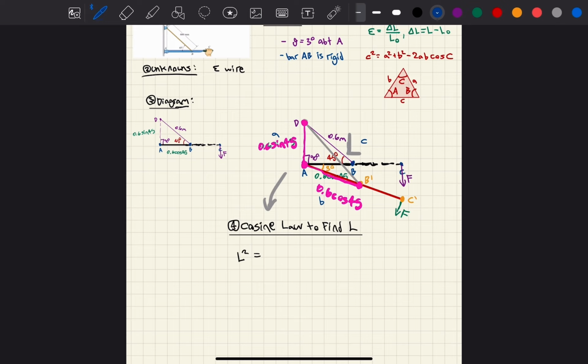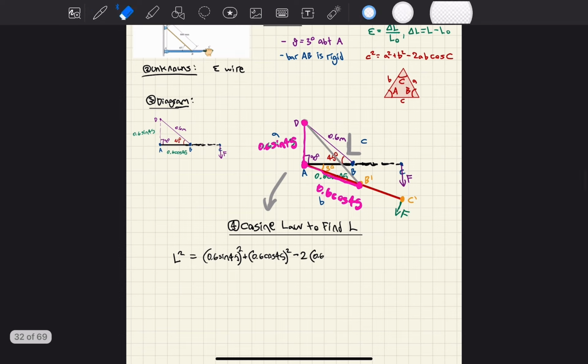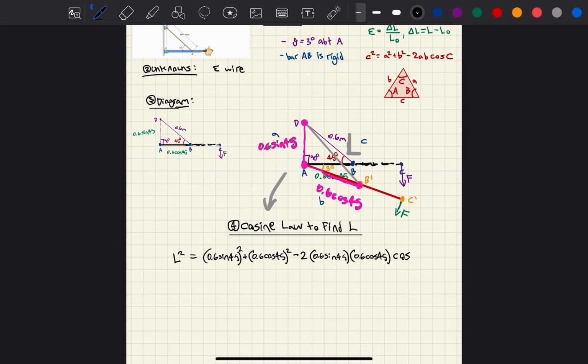So this is A squared: 0.6 sine of 45 squared, plus 0.6 cosine of 45 squared, minus 2 times sine 45 times 0.6 cosine of 45, times cosine of the angle C. What is the angle C?